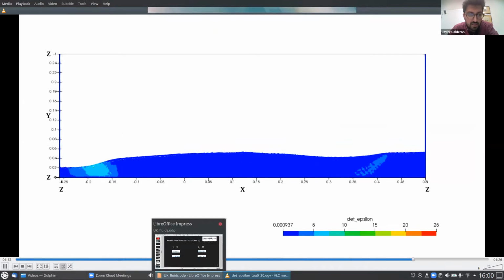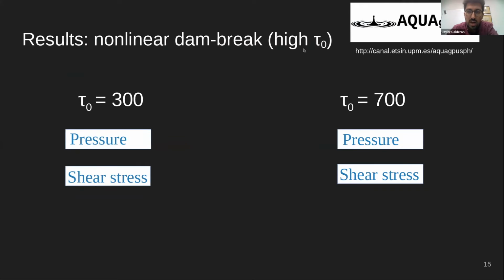And this effect even grows when you go to high values of yield stress. So I showed the strain rate; I'm going to show the shear stress, for example.